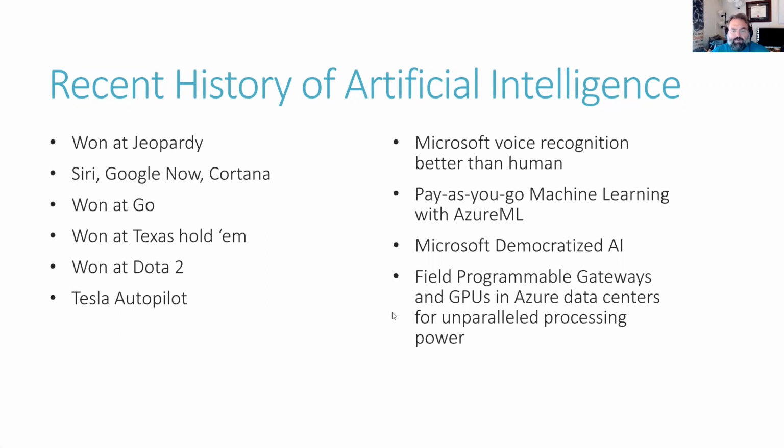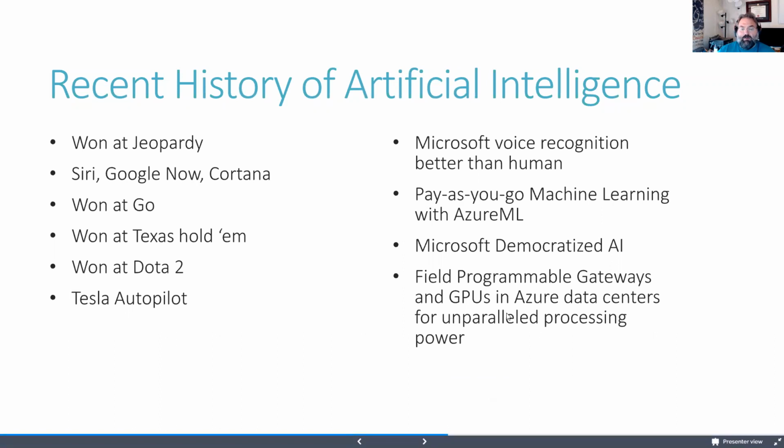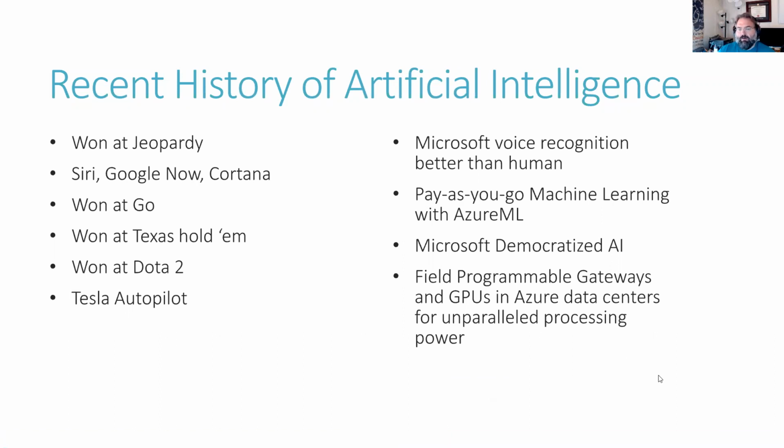Things that also became pretty important: pay as you go machine learning with things like Azure ML, these platforms that make it easier to do AI in general. So AutoML is a good example, where you can give it a certain type of problem and it'll figure out what algorithm is the right one to use.